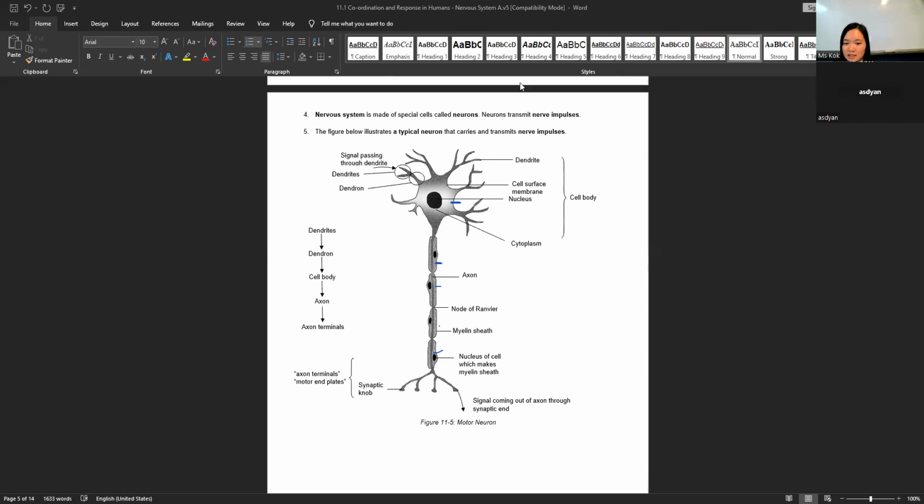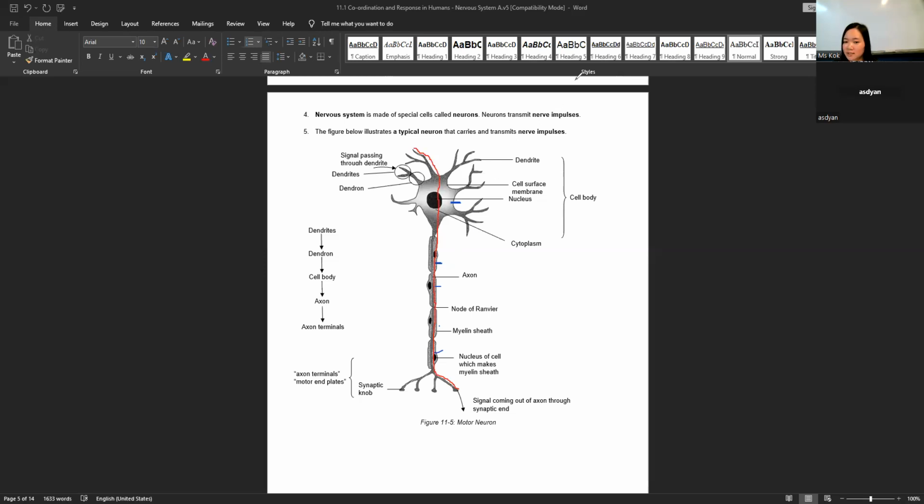If you are not clear yet, basically the nerve impulse will come in this way. It will pass through the cell body, and then slowly pass through the cell like this, before it reaches the axon terminal. That is provided you don't have Schwann cells.